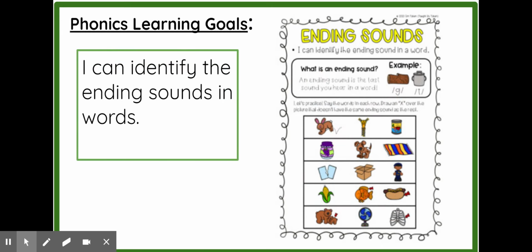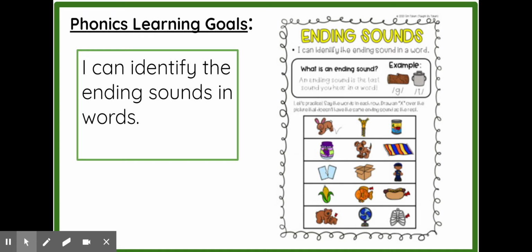In phonics this week, we are moving on from beginning sounds and going into ending sounds. Our learning goal for this week is I can identify the ending sounds in words. What is an ending sound? An ending sound is the last sound that you hear in a word.